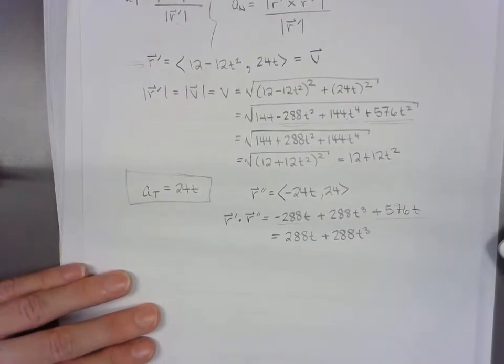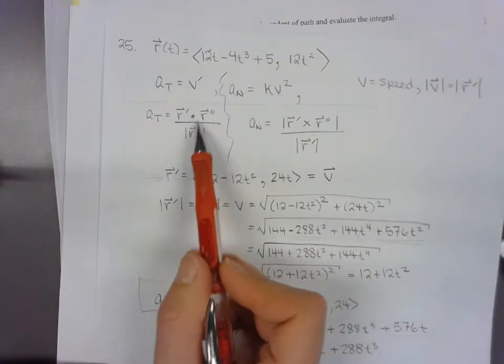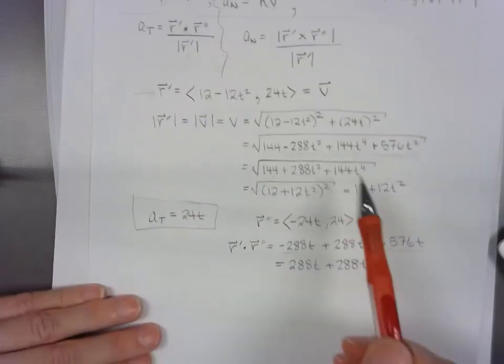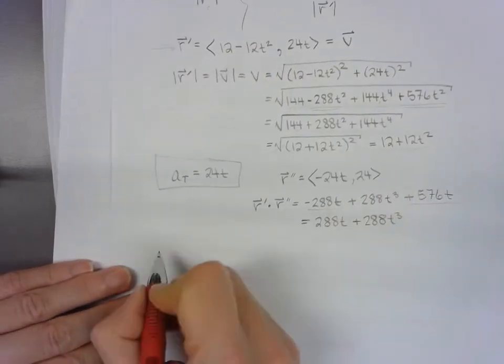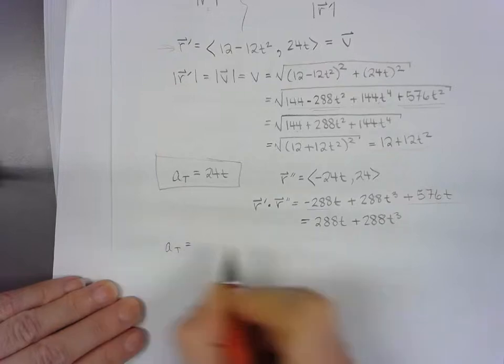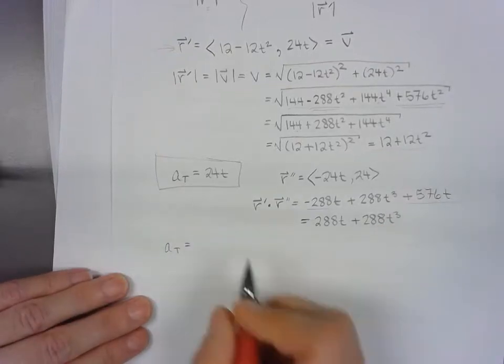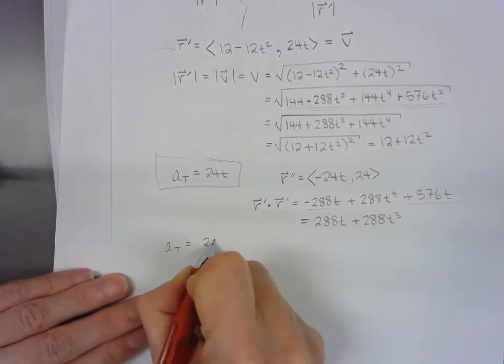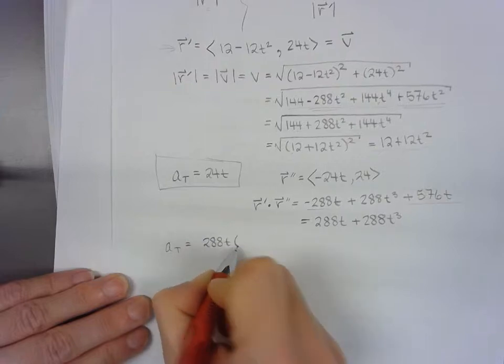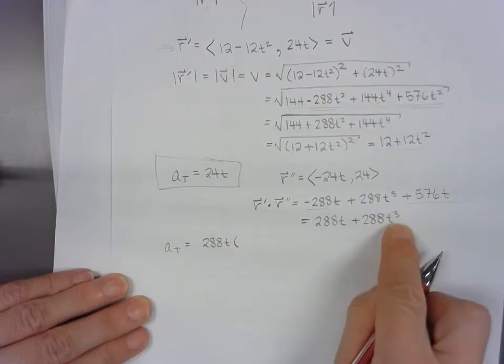And then I would have to divide by the magnitude of R prime, which is right here. So I'd have AT equals this. I'm going to factor out a 288t, and then I'd be left with 1 plus t squared.